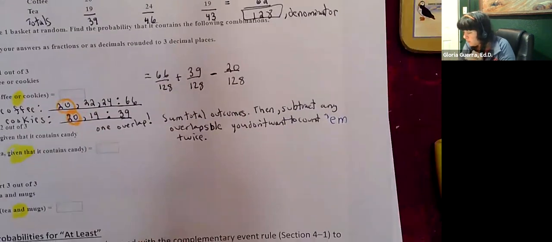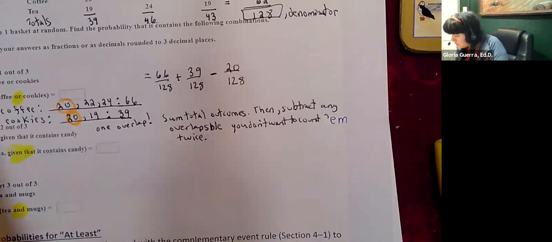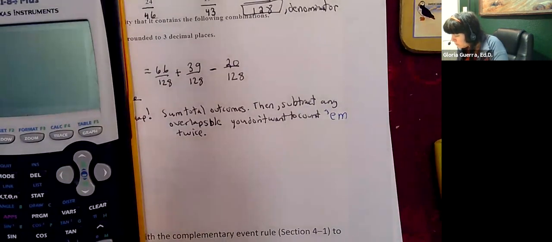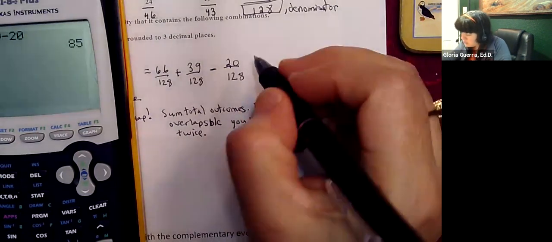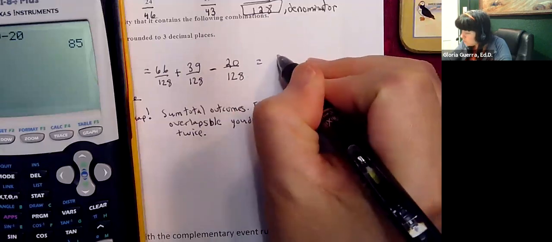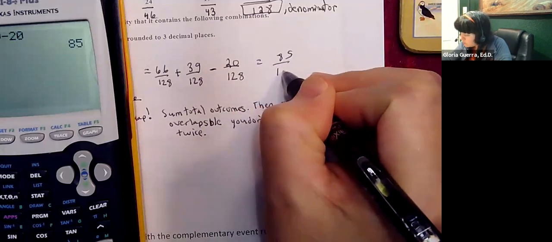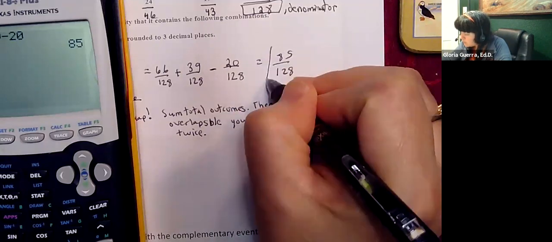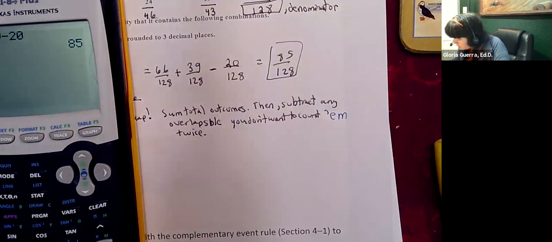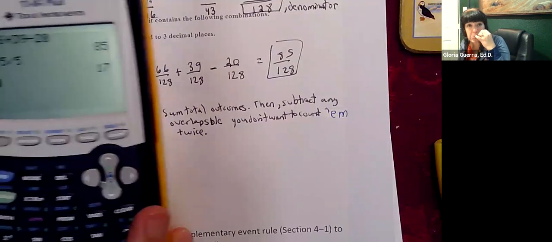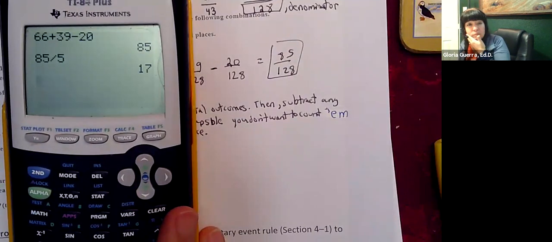And so I have 66 plus 39, take away 20. That looks like that's 85 over 128. I don't think that can be reduced because 85 divided by 5 is 17, and 17 is prime.